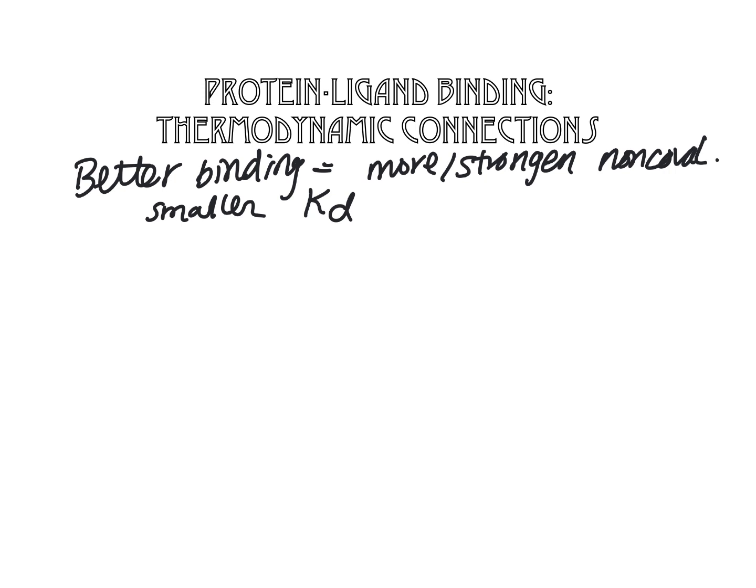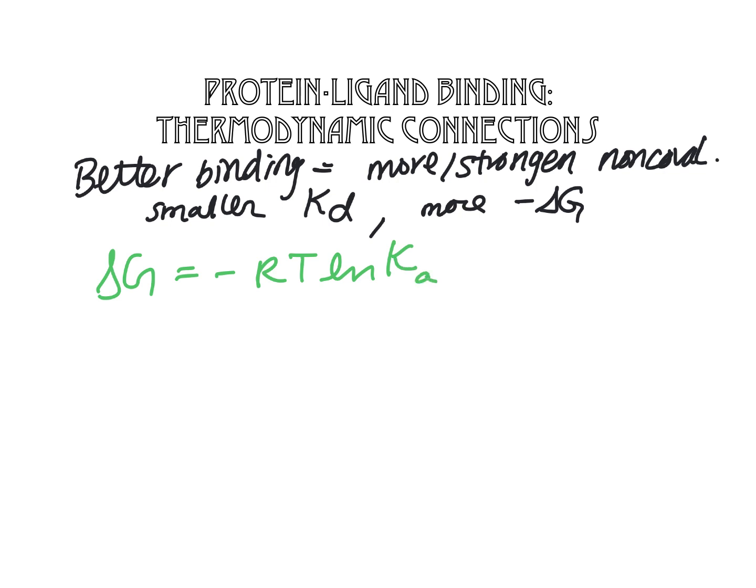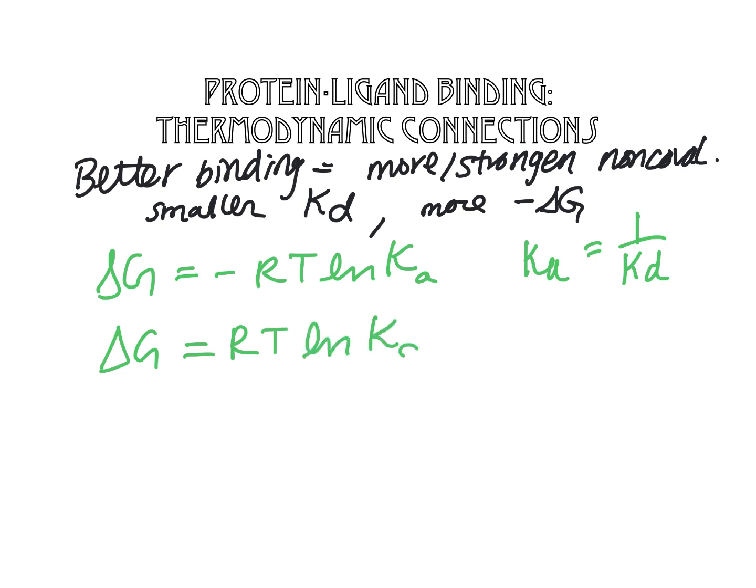Smaller KD means better binding, and that should also mean a more negative delta G. All right, so if you may remember an equation, or you may not, from Gen Chem, that was delta G is negative RT ln Ka, or the association constant. Well, it turns out that Ka is simply the inverse of Kd. So I can rewrite this equation to be delta G is positive RT ln Kd.